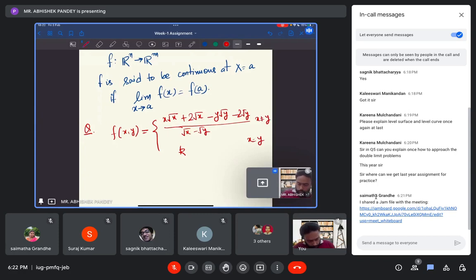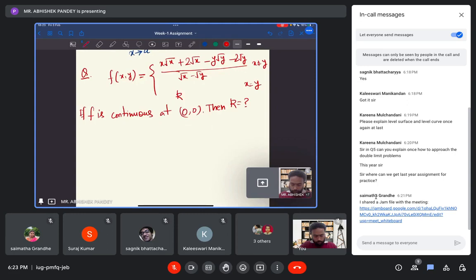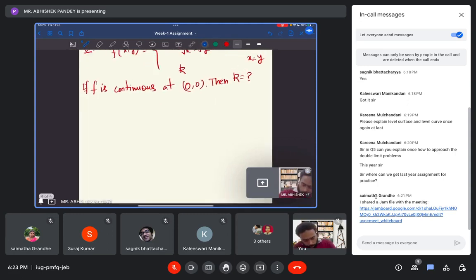It is given that f is continuous at (0, 0). If f is continuous at (0, 0), then what is the value of k? Let us solve this problem.